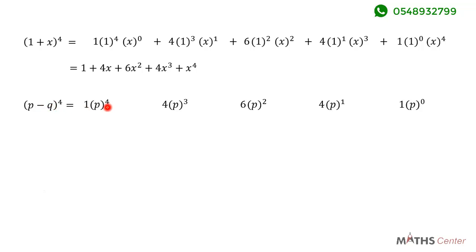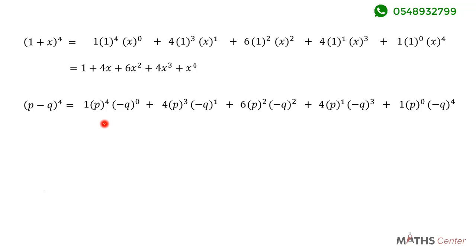So in the first term here, negative q will have an exponent of 0. In the next term, negative q will have an exponent of 1 because the exponent 0 will increase by 1. So we have negative q exponent 1. In the next term, we have negative q exponent 2. The next term, we have negative q exponent 3. And the last term, we have negative q exponent 4. Then after that, we will add the terms.